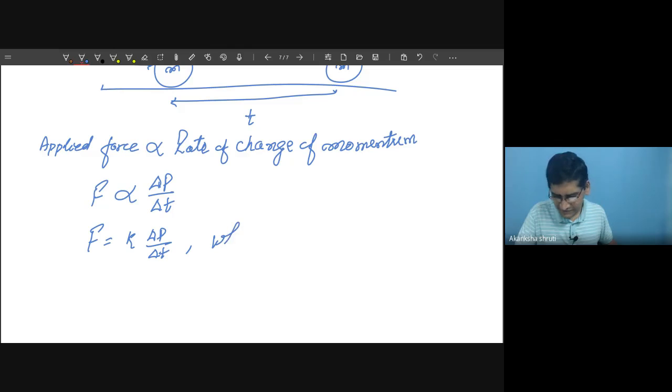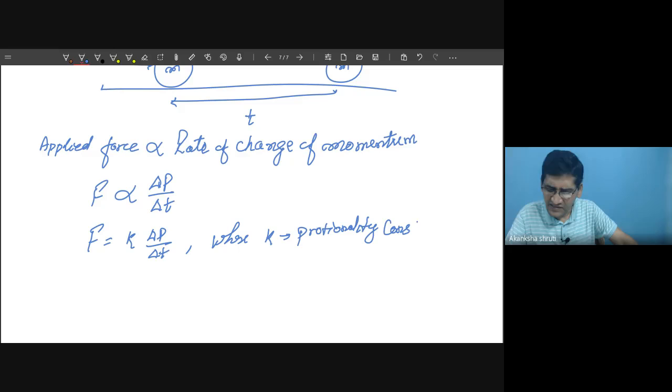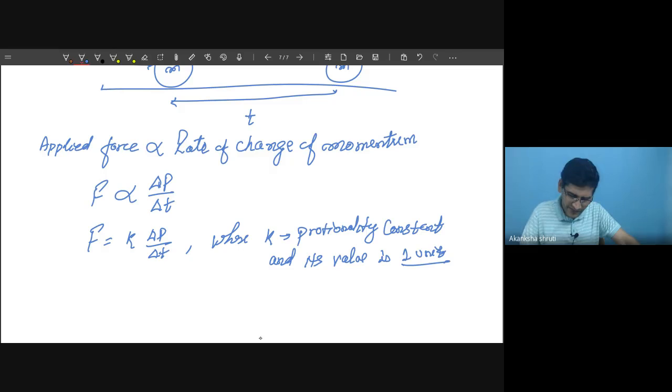It is always 1 unit, which means K shall be replaced by 1 only. So F is the same as delta P by delta T.